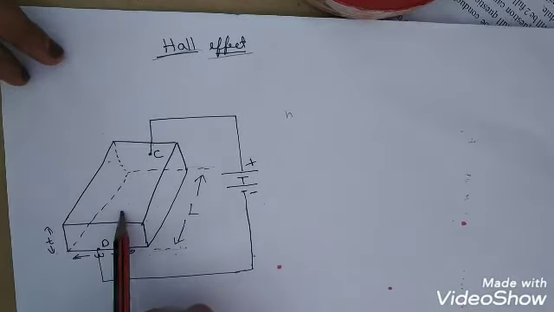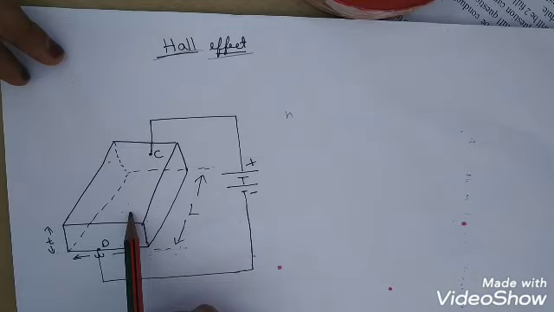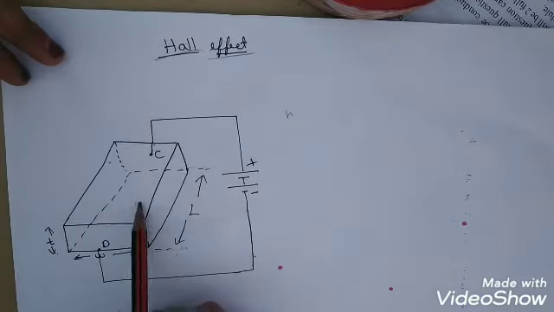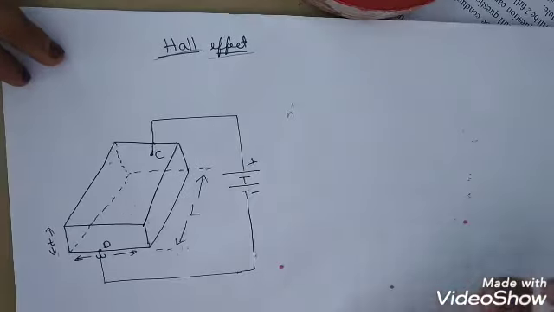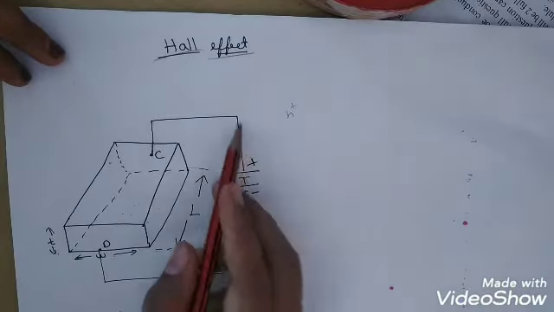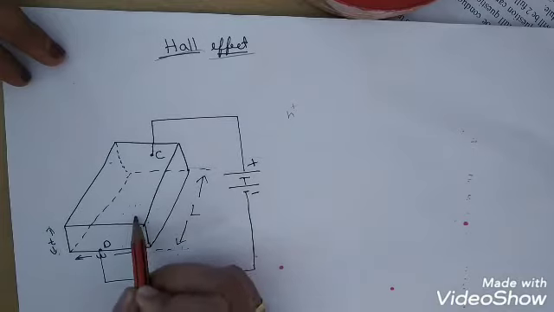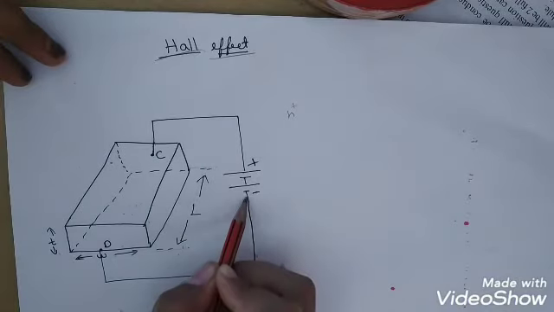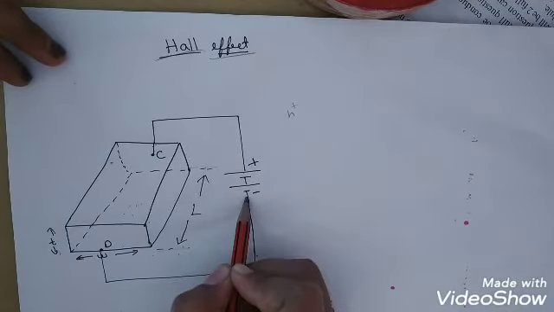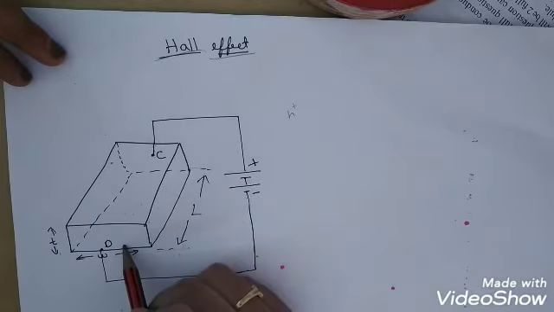So the semiconductor material here is p-type, that is, the majority charge carriers are holes. When the semiconductor material is under the influence of an electric field, current will flow in it.